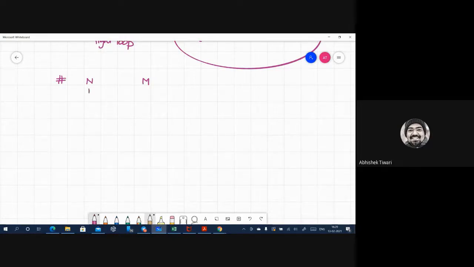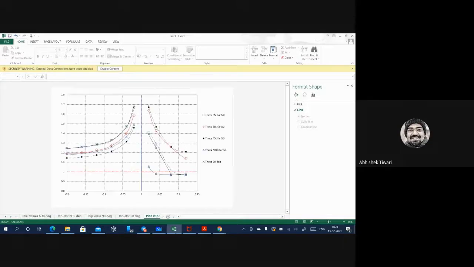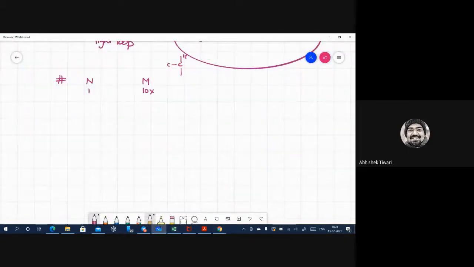So let us say I have one chain which has 10 mers in it. So the mass of that will be 10 into the mass of one, let's say it is ethylene. So the molecular weight of one ethylene, let us write as M_ETH.